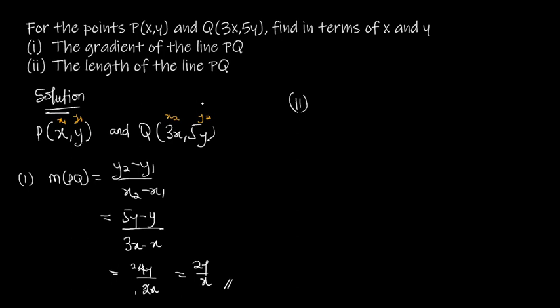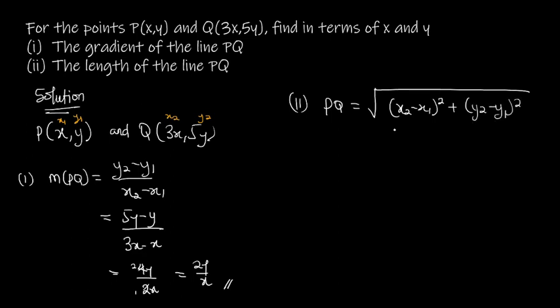So let's look at II, the length PQ. So the length PQ will be equal to the root of x2 minus x1 squared plus y2 minus y1 squared. So this is equal to the root of x2 minus x1, which is 3x minus x squared, plus my y2 minus y1, which is 5y minus y squared.